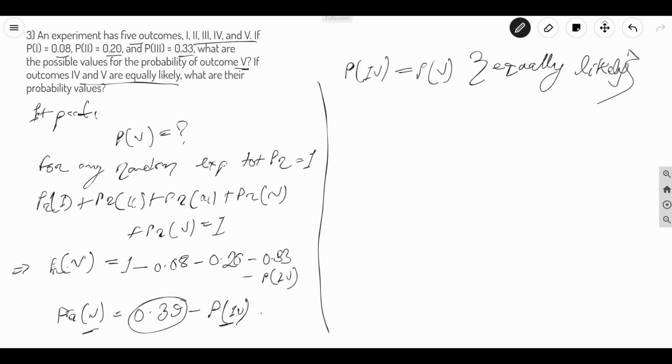So we can conclude that probability of 4 will be equal to probability of 5, and it will be equal to 0.39 divided by 2, as they are equally likely. So 0.39 divided by 2 equals 0.195. It will be the value of the probability of numbers 4 and 5.